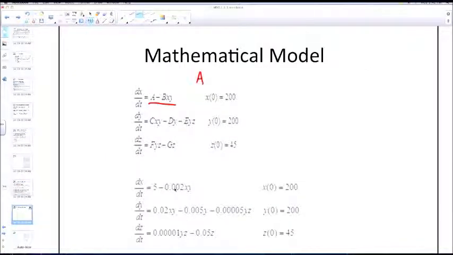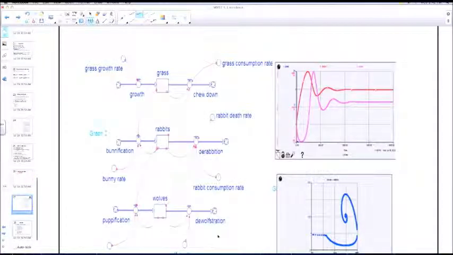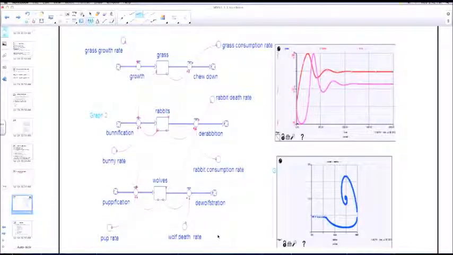This one for the old model is ax minus bxy. Now it changed to a minus bxy. And the second equation, just the first one with all the constants. Now we're ready to run this model. Of course, you are going to run it yourself and change the numbers. That's a very good exercise.